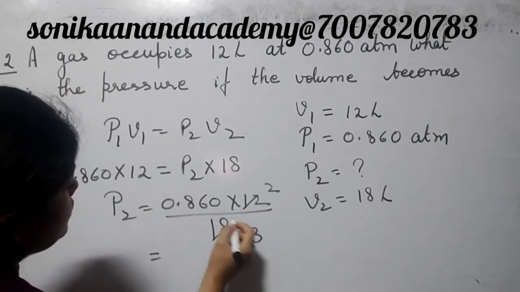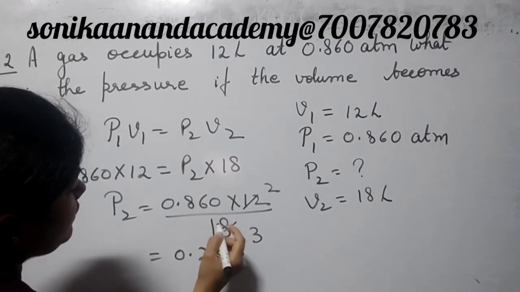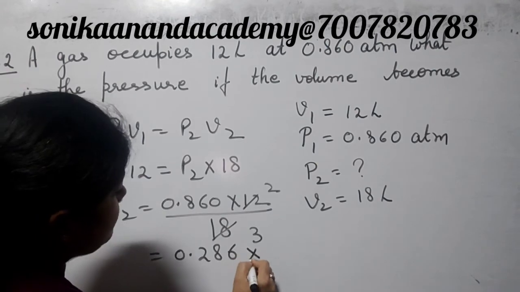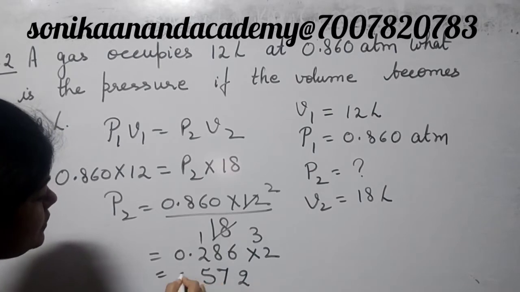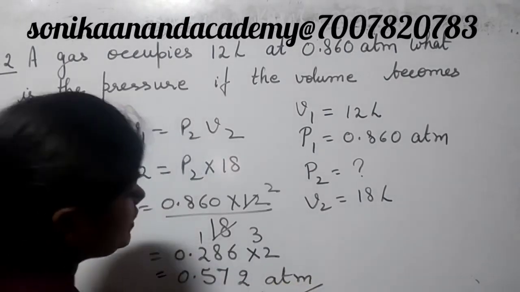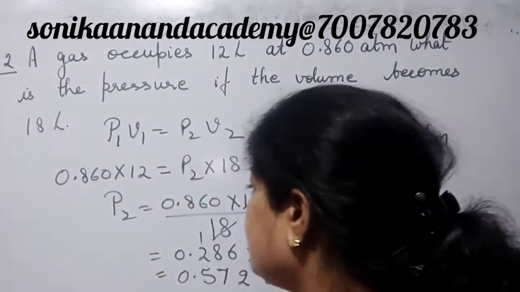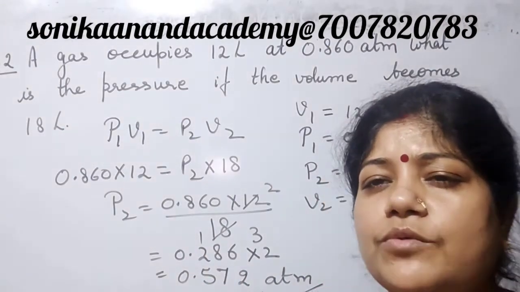Then we multiply and divide, and we get approximately 0.7572 atmosphere. This answer is approximate because it is not completely divisible by 3. Now I am moving to the next question.